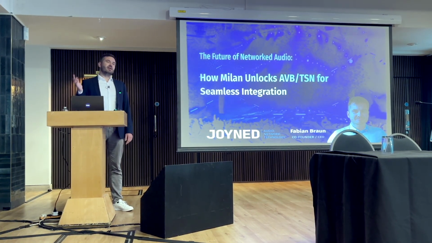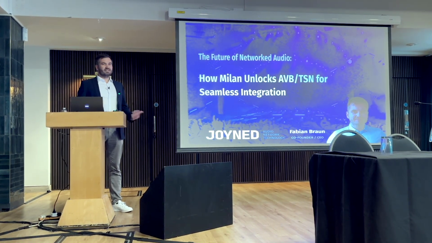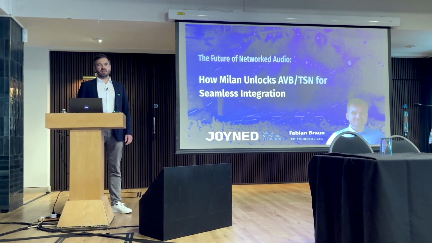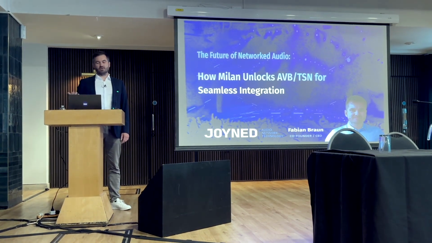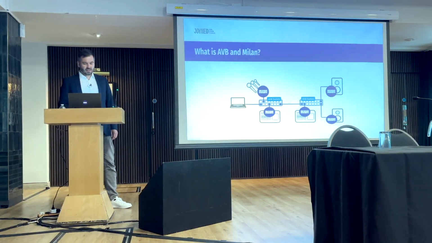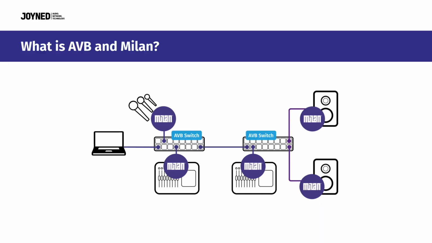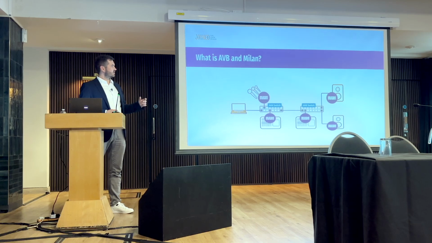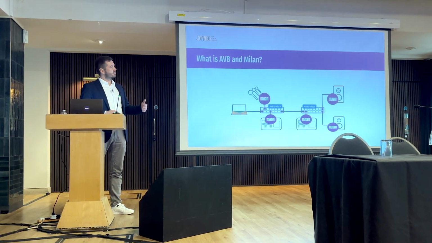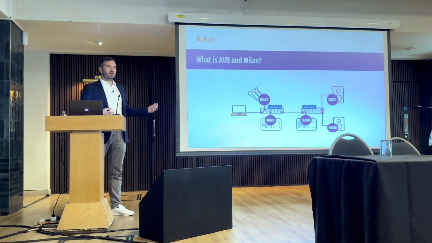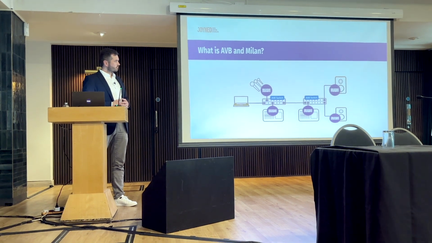But today we will talk more about what is actually Milan, and how does it make things better for you in audio applications. First of all, what is AVB and what is Milan? So there is a set of specifications for what we call end stations. This is microphones, mixers, can be loudspeakers or other equipment in the signal chain.